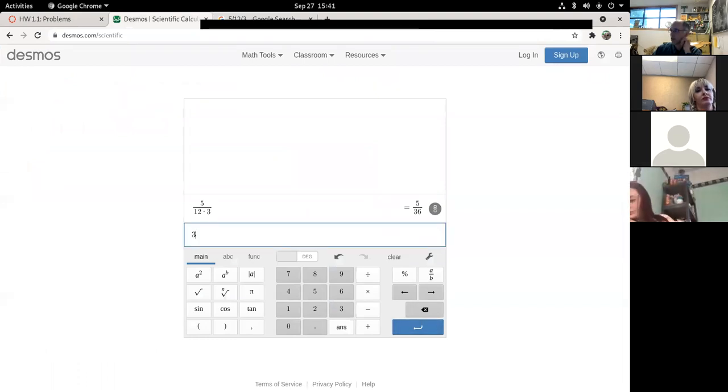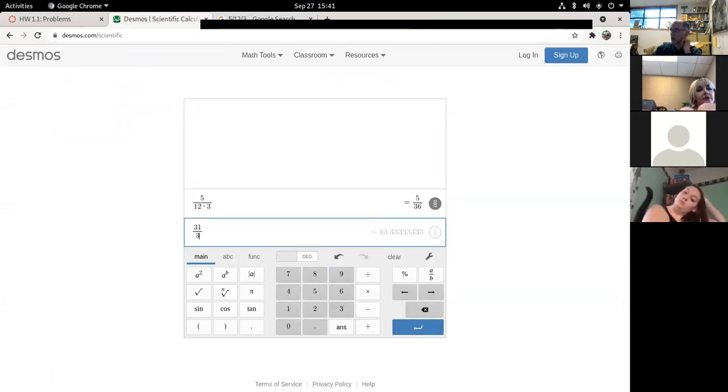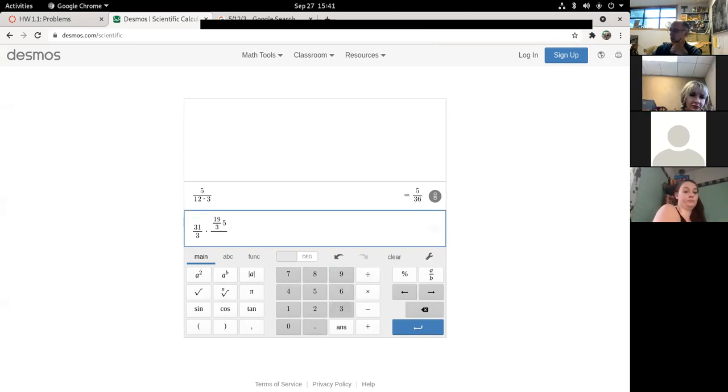All right, so I had 31 over 3. And on this one, I have to move out of the fraction to multiply 19 over 3. And then 5 over 36. Ooh, see, I typed that wrong.